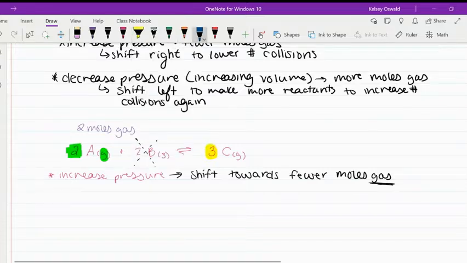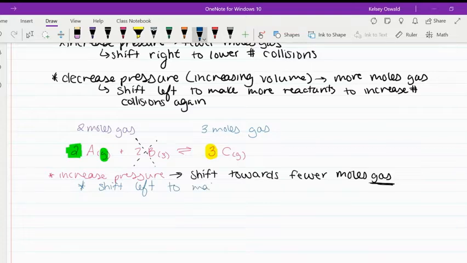So on that product side, we have 3 moles of gas.